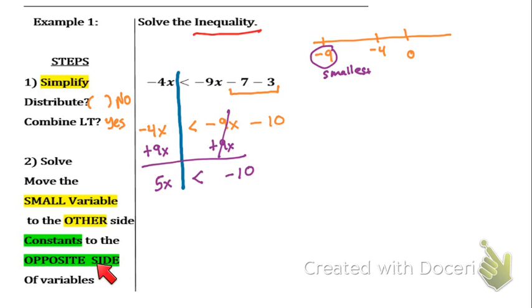Do we need to move constants to the other side? Well, they're already on the other side, so we're good to go. So this 5 has been multiplied, so all we need to do is divide by the inverse, which is dividing by 5. So we're going to do x is less than negative 2. And we're finished.